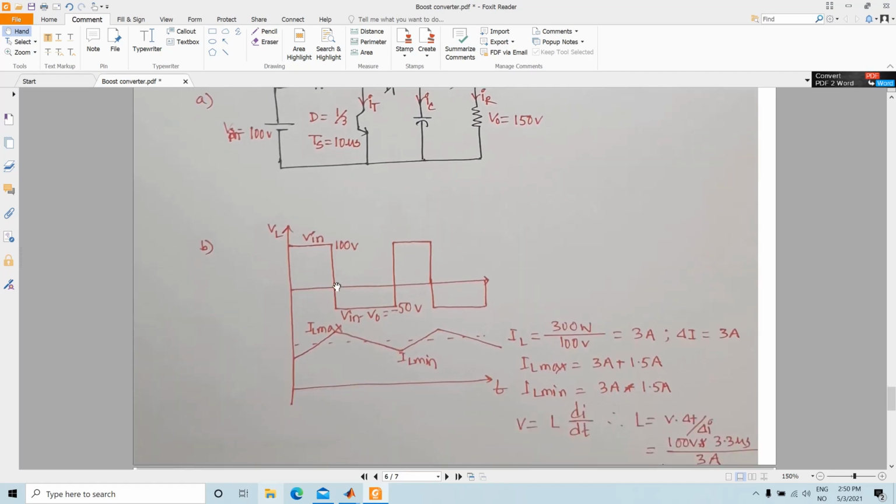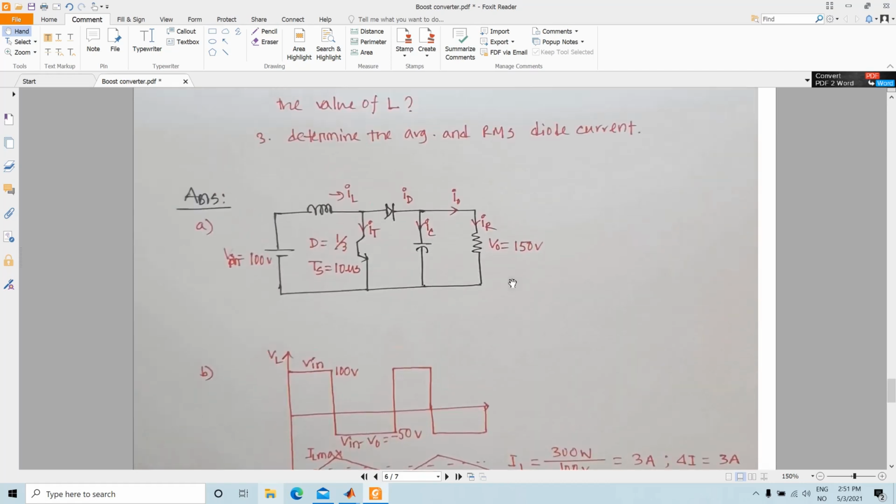Once you know the slope, you can use your intermediate geometry formulas to calculate the intersecting point at a certain point. If you know the value of this intersection with the DC component, then you will be able to calculate IL max or IL min as well.